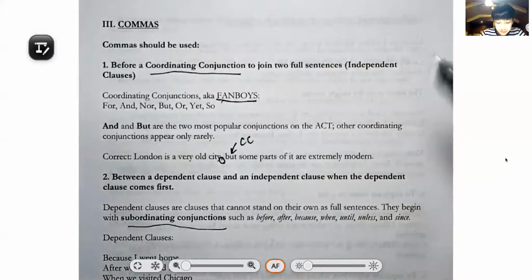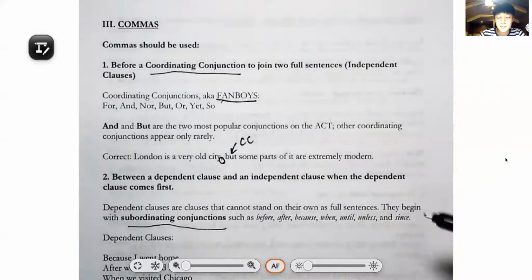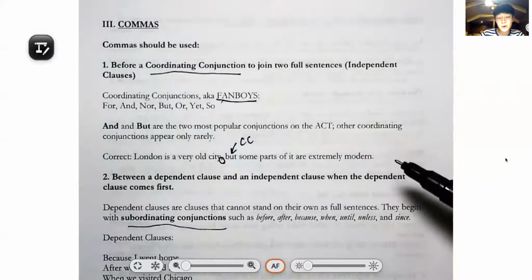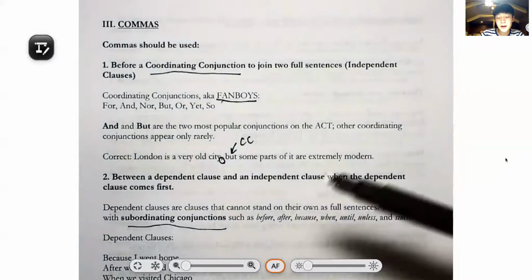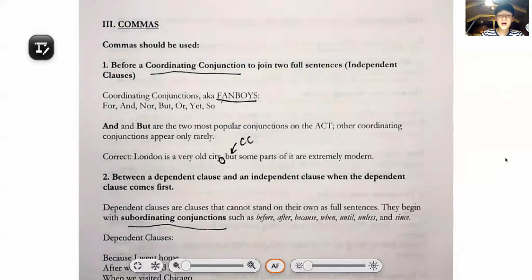Okay. Between a dependent clause and an independent clause, when the dependent clause comes first, is another place commas should be used. So, if you have a subordinating conjunction there, you can put dependent clause, comma, and then, of course, the independent clause, right?